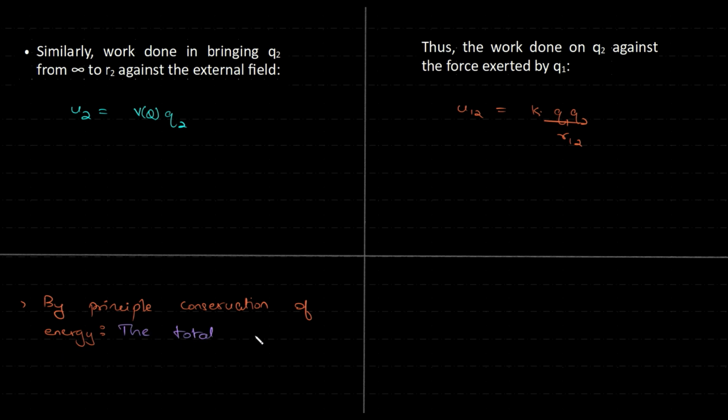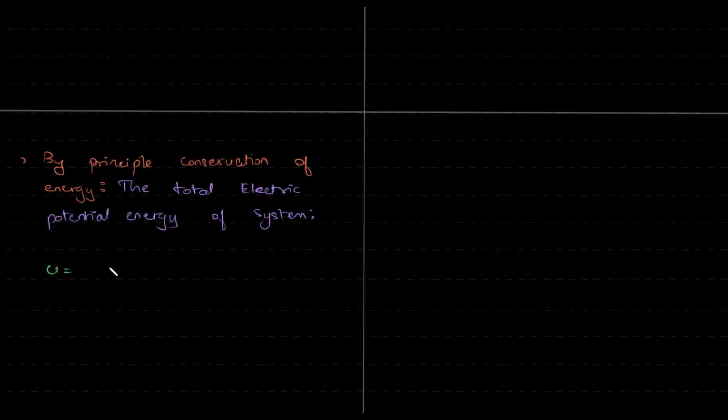The total electrical potential energy. Actually, you don't have to write it as capital. Electrical potential energy of system would be equal to what, guys? Sum of all of that, simple as that. So U is equal to U1 plus U2 plus U12.